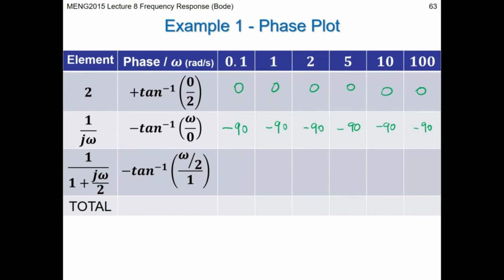Now, our first order lag. The numerator has a real part, no imaginary part, so it's 0 for the numerator angle or phase, minus the phase of the denominator, which is imaginary over real. The imaginary part is omega upon 2, the real part is 1. So we can calculate this one now for each of our phase values.